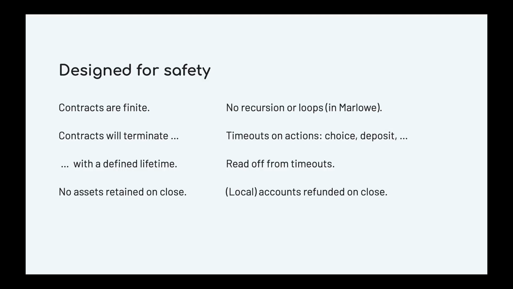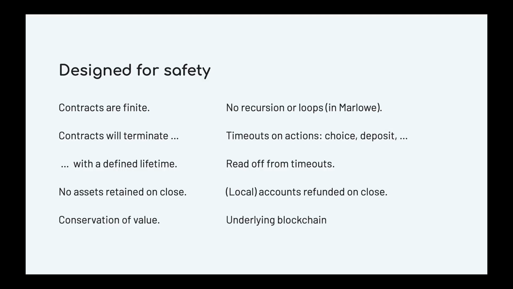So we've built into the semantics, into the way the language is defined, that no money is retained when things terminate. So we've got those safety properties. Your money is always only going to be committed for a finite length of time. It will always, if money is not spent by the contract, it will be returned to its rightful owner.